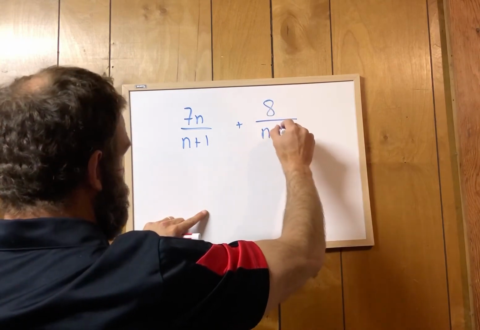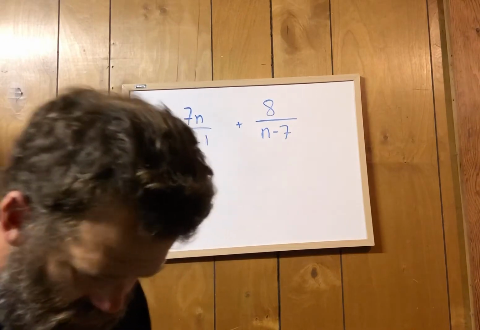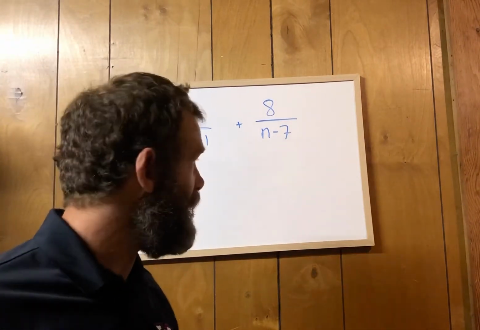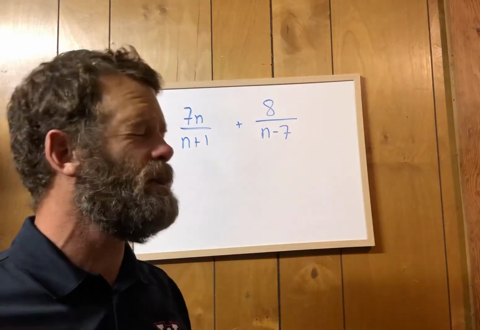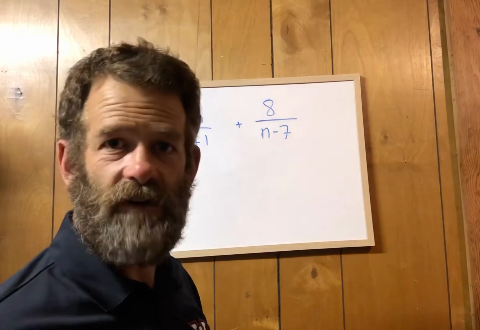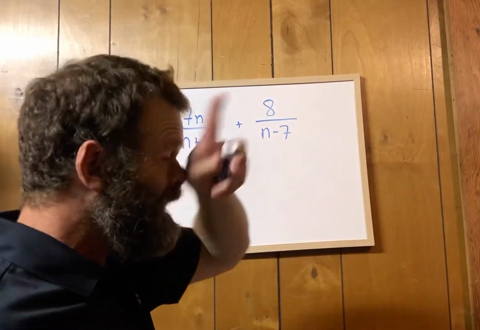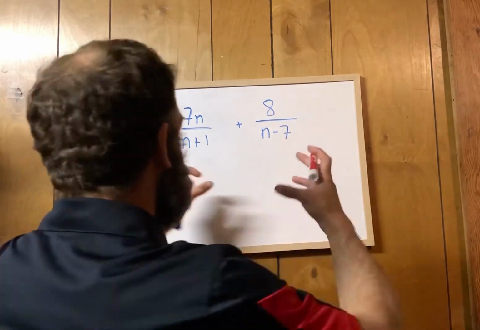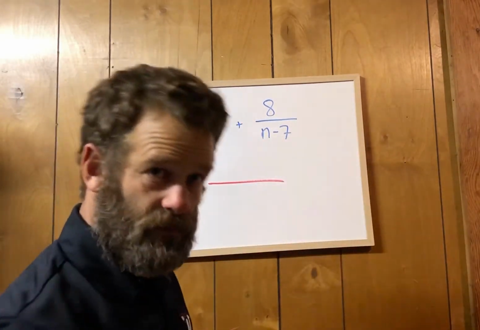over n minus 7. Now remember, a couple seconds ago we just had 11 and 5, and there's nothing in common, so the lowest common multiple was when I multiplied them together to get 55. Same concept for this: n plus 1 and n minus 7. The easiest way is to get a common denominator by taking the product of these two.